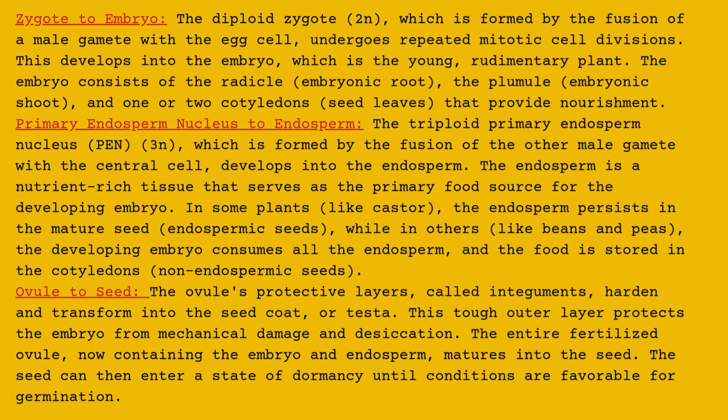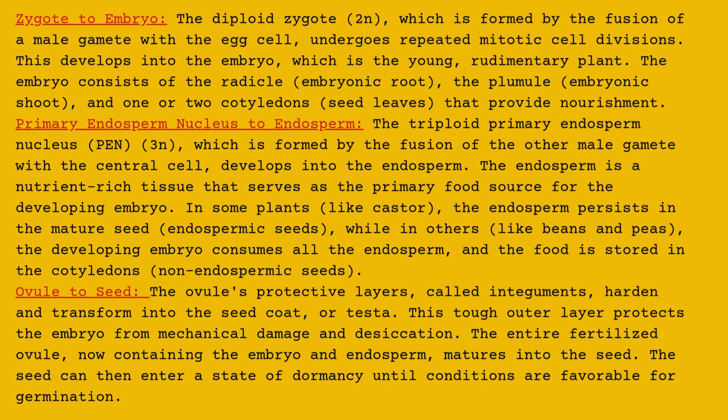Now, this develops into the embryo, which is the young rudimentary plant. The embryo consists of the radicle, the embryonic root, the plumule, the embryonic shoot, and one or two cotyledons, seed leaves that provide the nourishment.